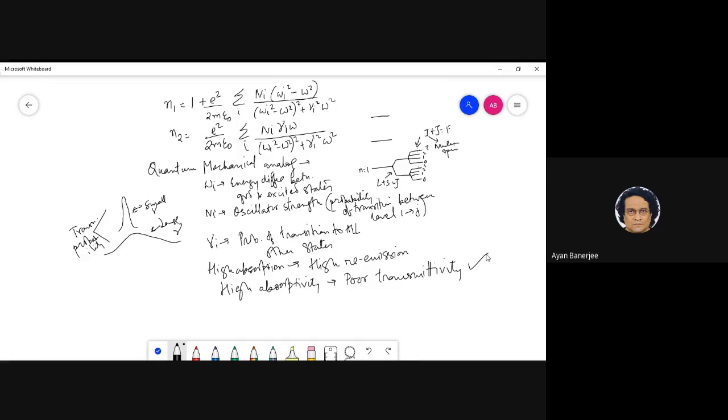Okay, so our basic argument here is that at high absorptivity, what you will basically get is also high reflectivity. That is what we are trying to stress. One thing one can stress is that the transmission is bad.